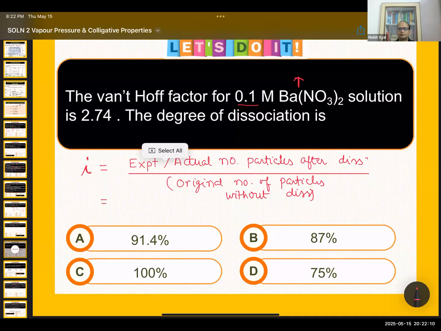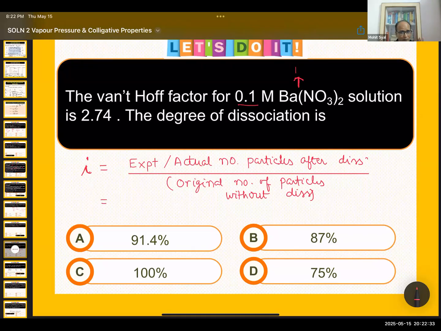Got it? I'm asking some different question, okay? Because that is very easy, so you can do that question first and this question later on.